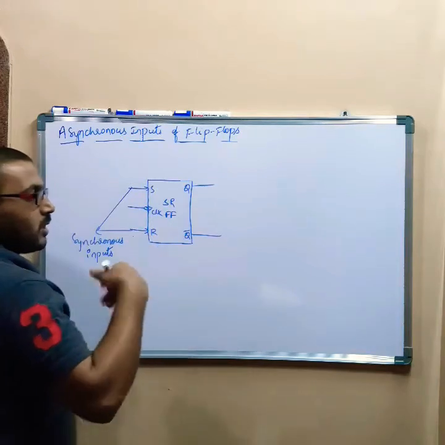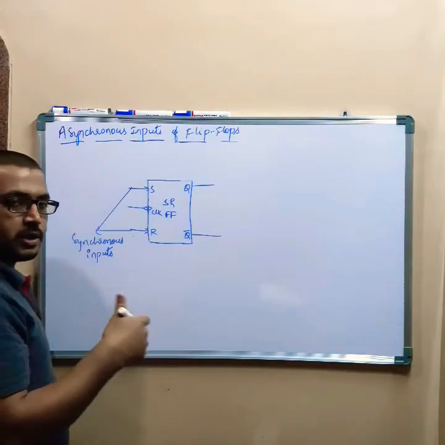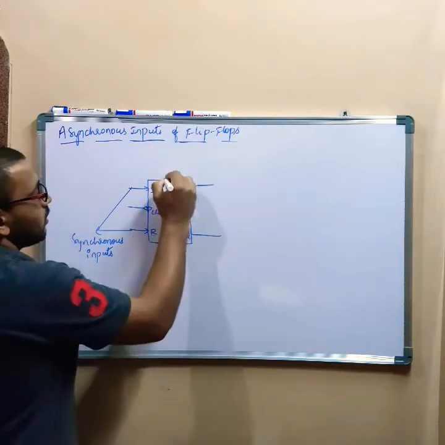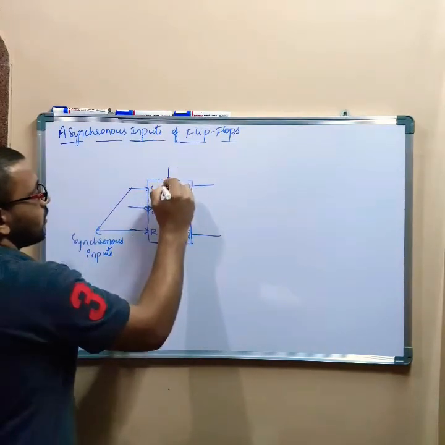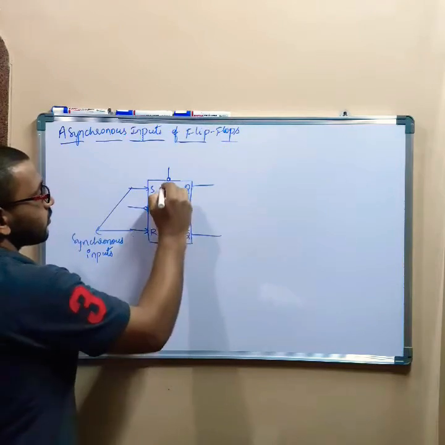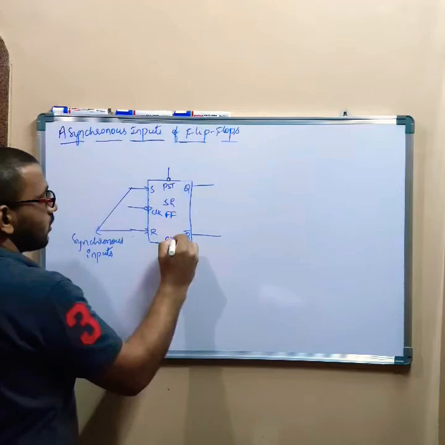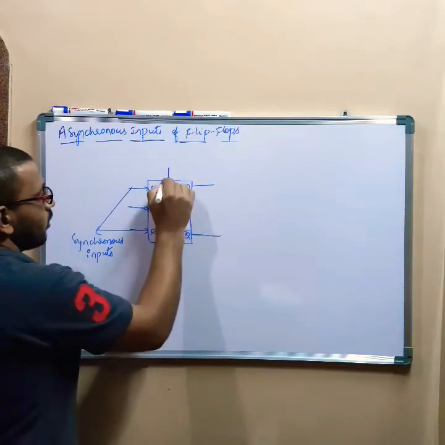The flip-flop has some other inputs. Those inputs are asynchronous inputs. Those are active low inputs. This is the preset input, this is the clear input, preset complement and clear complement.